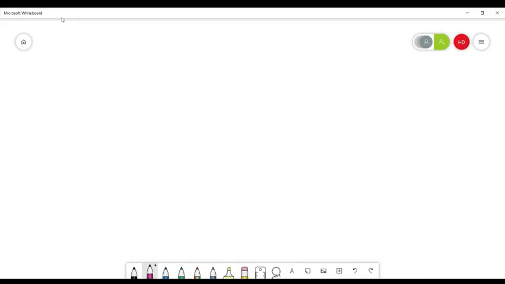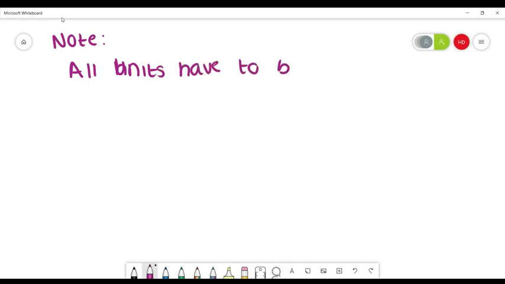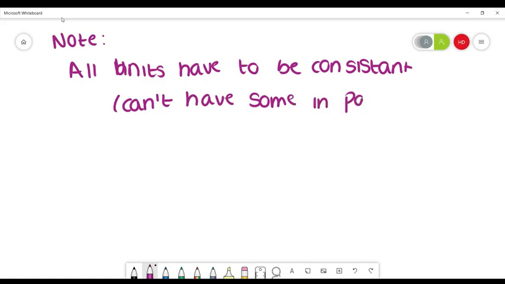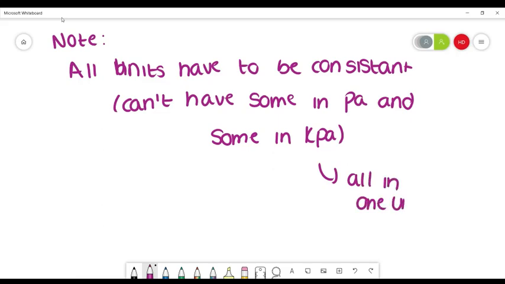A note for Kp: all units have to be consistent. So you can't have some in pascals and some in kilopascals. They all have to be in one unit.